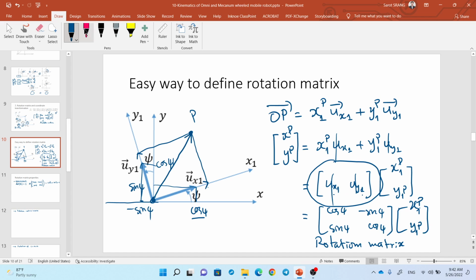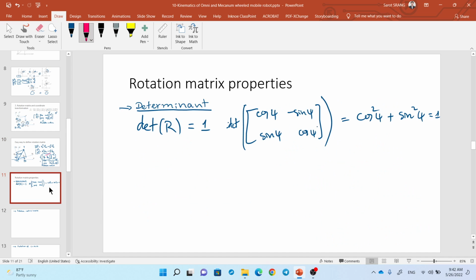If you notice this, right? So it's very easy. The rotation matrix for 3D, 3 by 3, you can have UH1, UY1, UZ1. That's it. So what are UH1 and UY1?